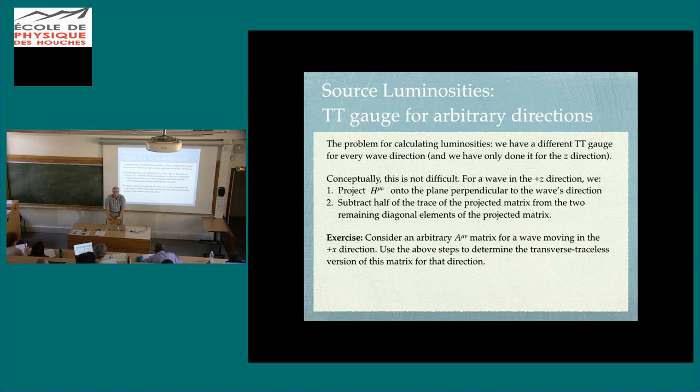In other words, I erased all the t and z components, and then I had a set of 4 components left in the middle, and I subtracted half of the trace of the projected matrix from the two remaining diagonal elements to make it traceless, and then the other two are automatically equal because the matrix is symmetric. And so I'm done. That's all I did. Squash all the non-transverse components and subtract off the trace. So I get traceless.